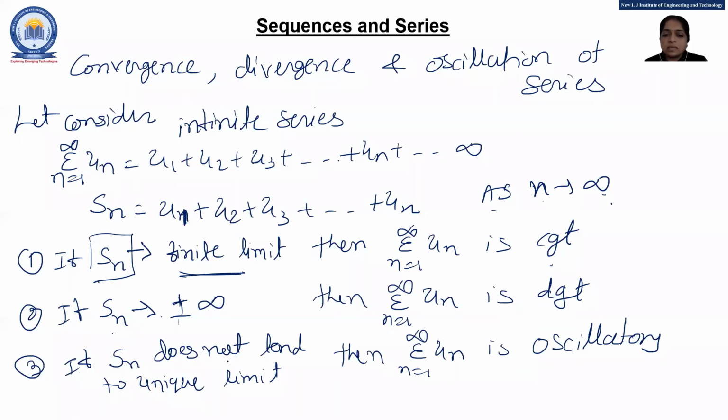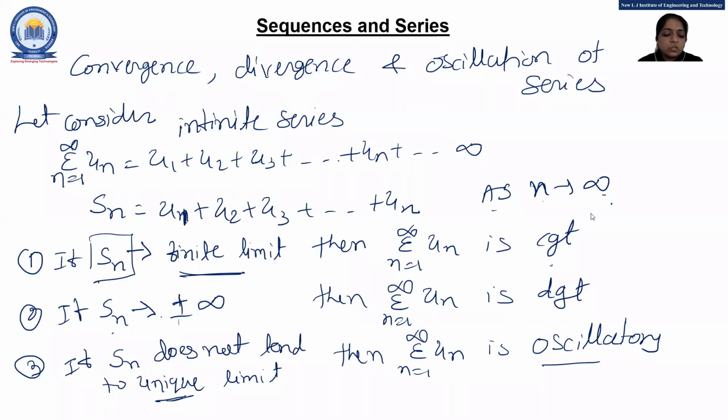And if Sn does not tend to a unique limit, if it has more than one limit, then the series is oscillatory. Okay, any doubt? Okay, Dev, no issue. If you have any doubt, let me know in the chat box. Otherwise, we'll move to the next topic.